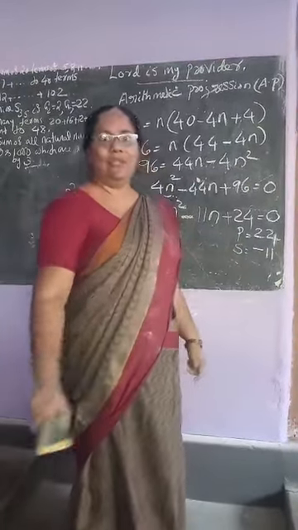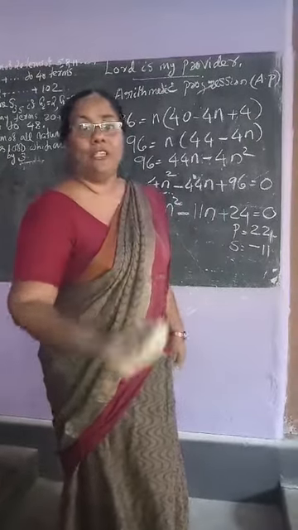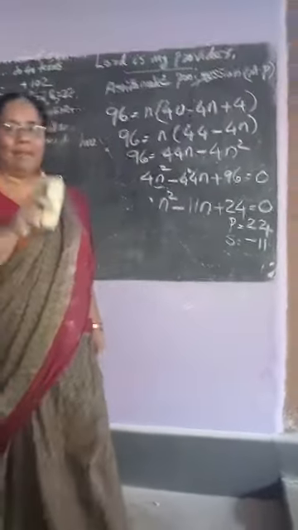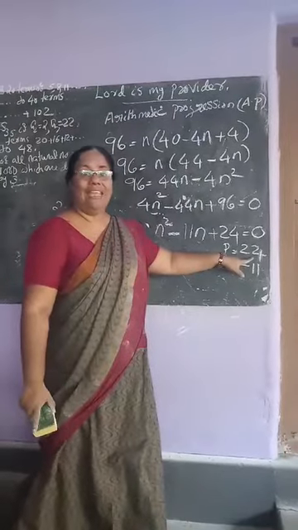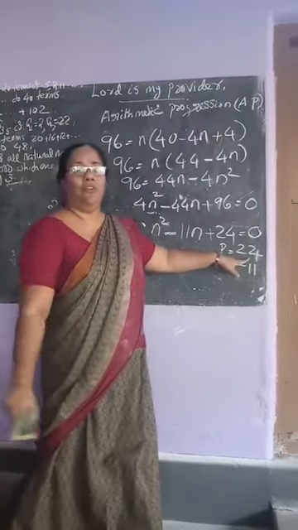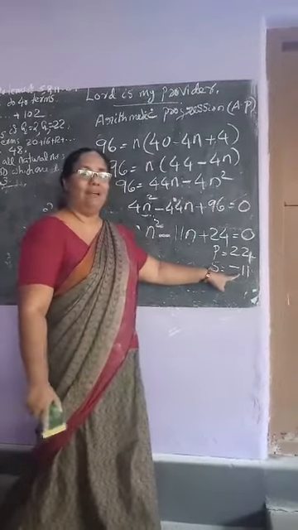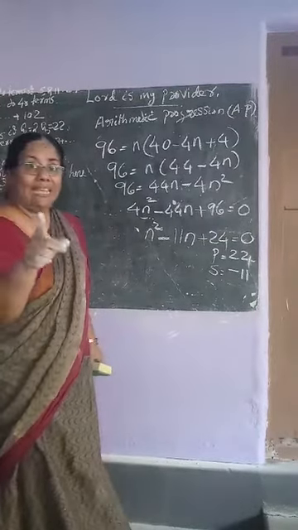Can you suggest those two numbers? 6 4s are 24, but 6 plus 4 is not 11. Therefore, that combination is not possible. Can you say another form? 8 into 3. What is 8 into 3? 8 3s are 24. 8 plus 3 is 11. But this is minus 11. Therefore, the combination is minus 8 minus 3.